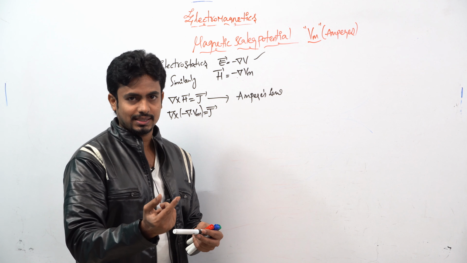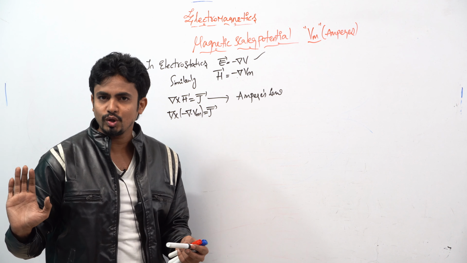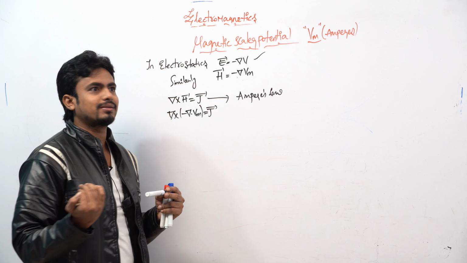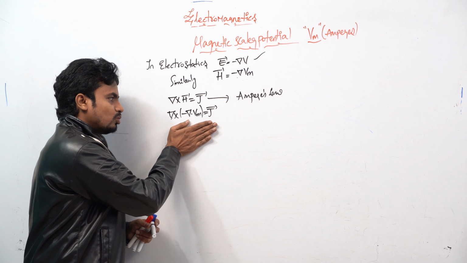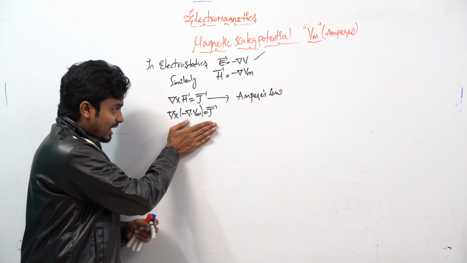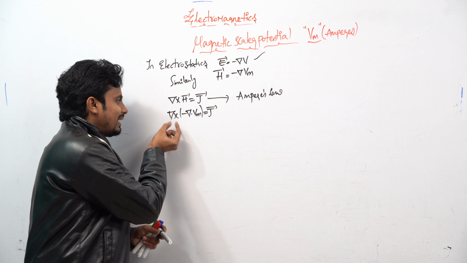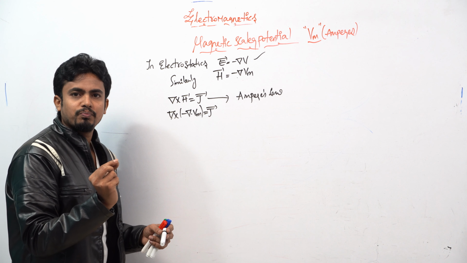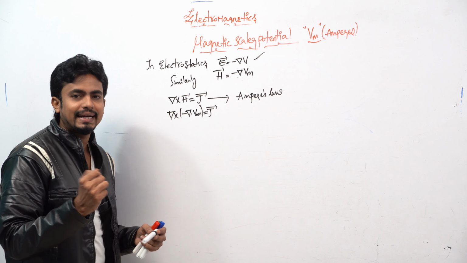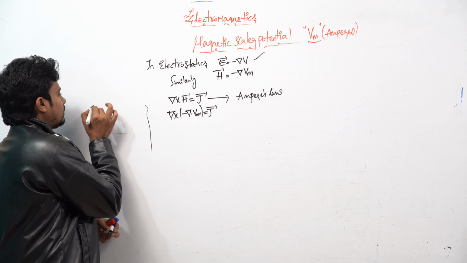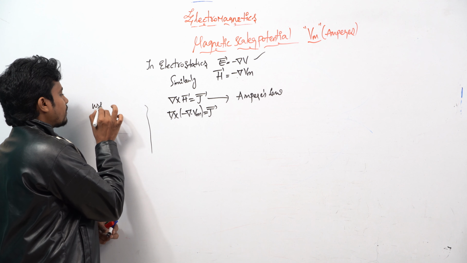Use those identities and check what happens to the output. Up to this step some students will manage, but after that most students get stuck here. At that time, we have to use our identities.